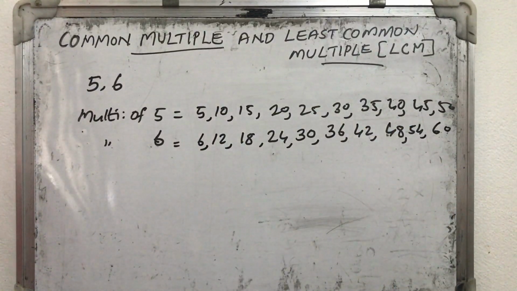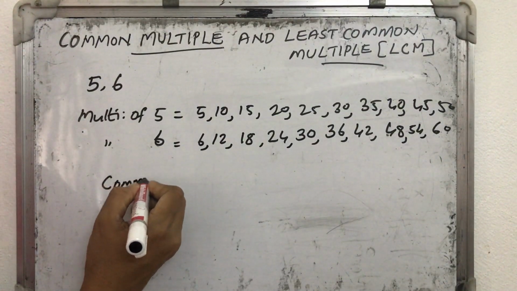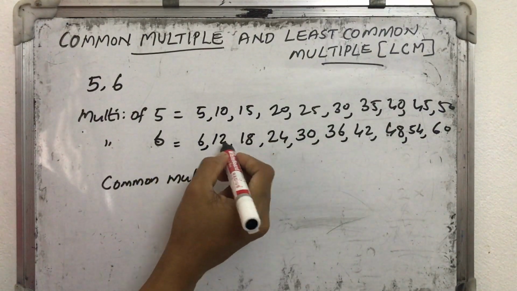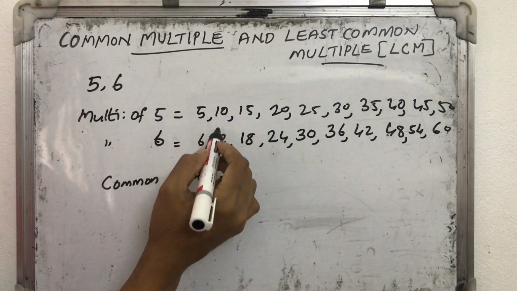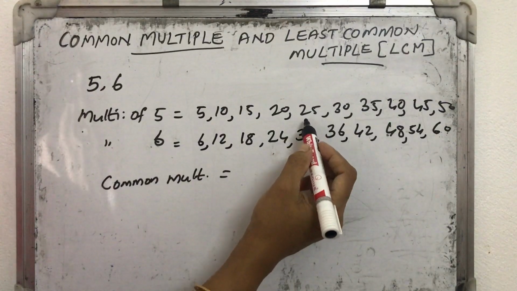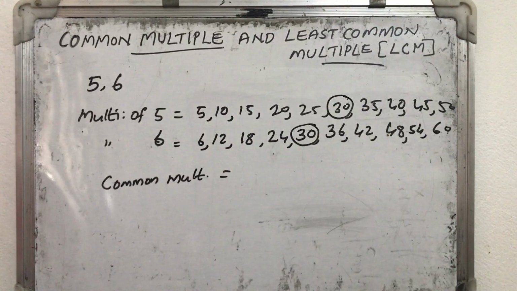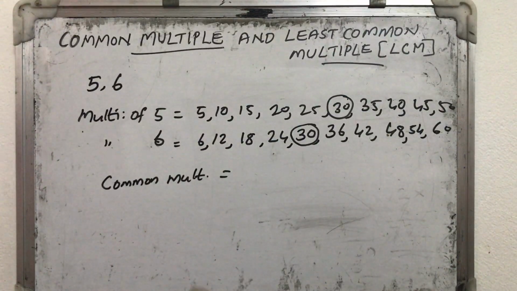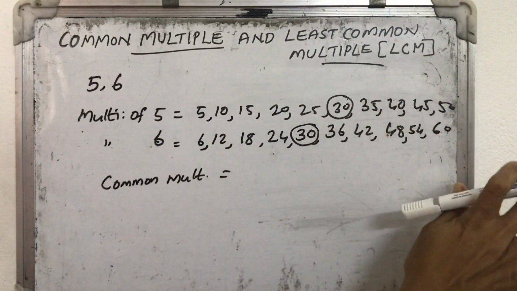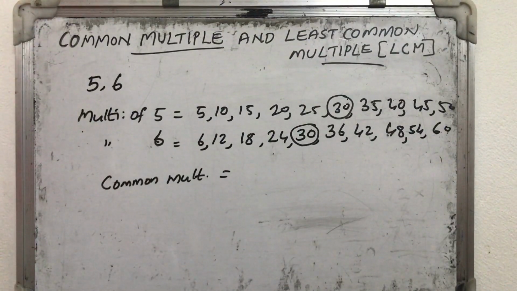Then out of these, we can find the common multiples. 5, no; 10, no; 15, no; 20, no; 25, no; 30, yes. Here one common multiple for both of them is 30. When we extend, we get other numbers like 48, 54. In these 10 multiples we only got 30 as the common multiple.